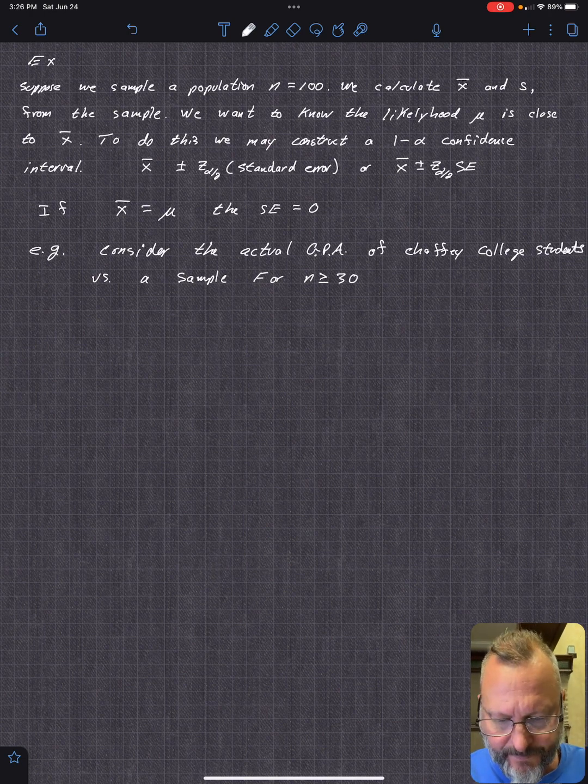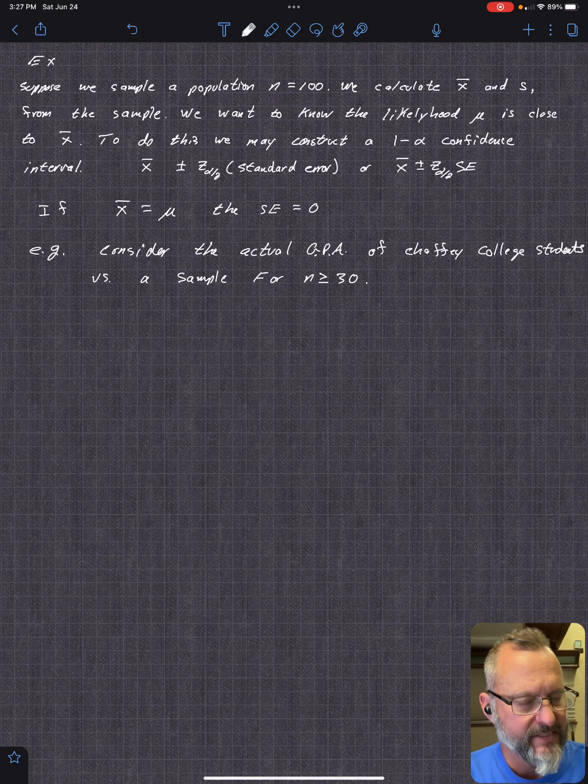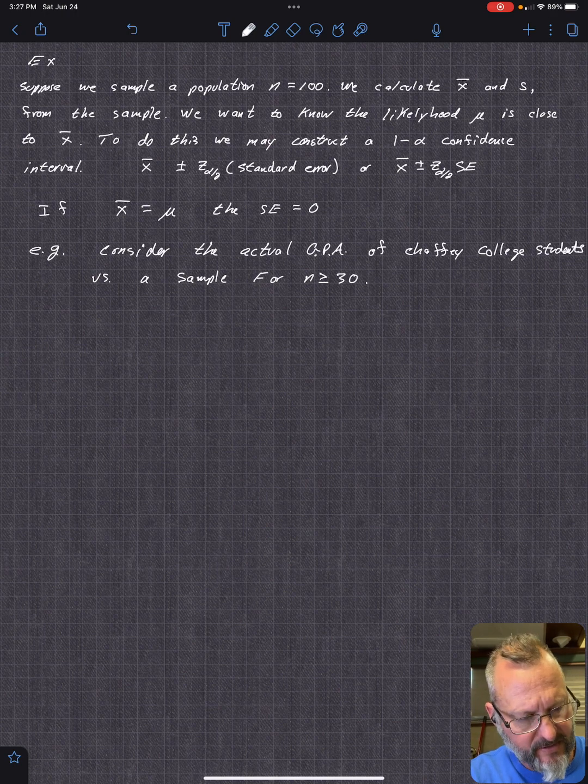All right, so now we don't know mu. You do in a college because you have the transcripts, but let's just suppose you don't know that exactly. It'd be difficult to know sigma if you don't know mu. So here's one of the tenets I'm talking about here.